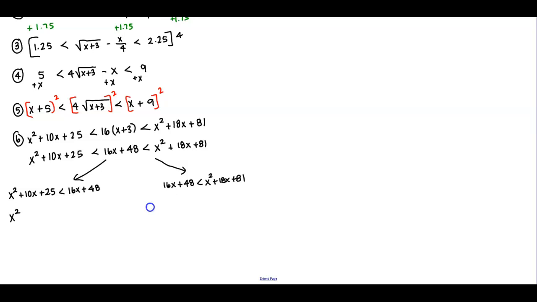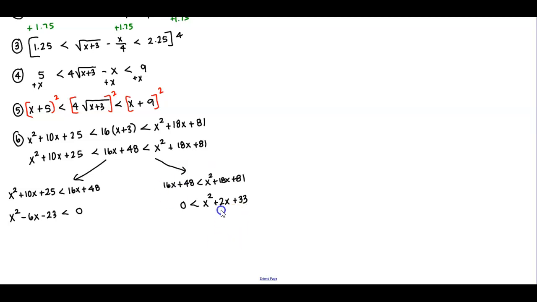If we subtract 16x from the 10x, we're going to get minus 6x. And if we subtract the 48 from the 25, we're going to get minus 23. And therefore, that's going to be less than 0. On this side, if we subtract the 16x and the 48, we're going to get 0 here, and that's going to be less than x squared plus 2x plus 33.